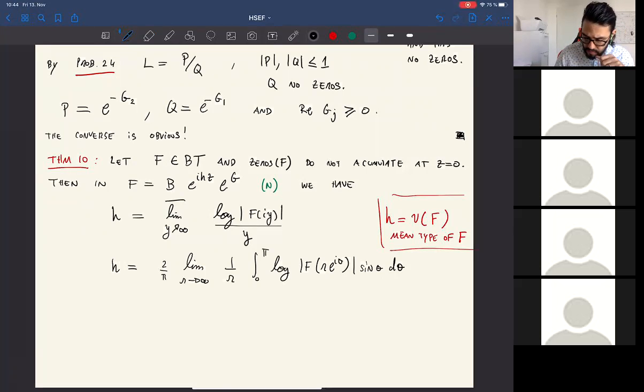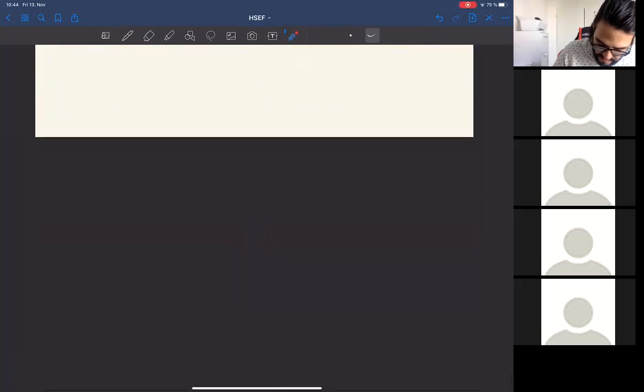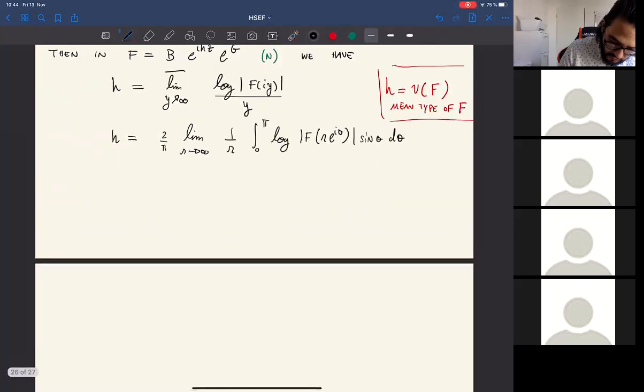Yes, you can already see that this is really similar to the things we saw in problems 1 to 5, just after the Phragmen-Lindelof principle, where we had things like this, but instead of log we had the real part of the function. And the same thing here, we had log plus instead. And then we will see that indeed everything is related. So let me go to the proof.